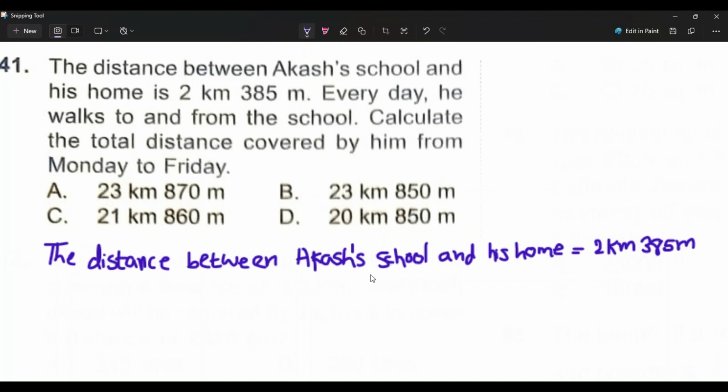The distance between Akash's school and his home is equal to 2 km 385 meters. 2 kilometers can be written as 2 into 1000 plus 385. 2 into 1000 is 2000, plus 385 is equal to 2385 meters.